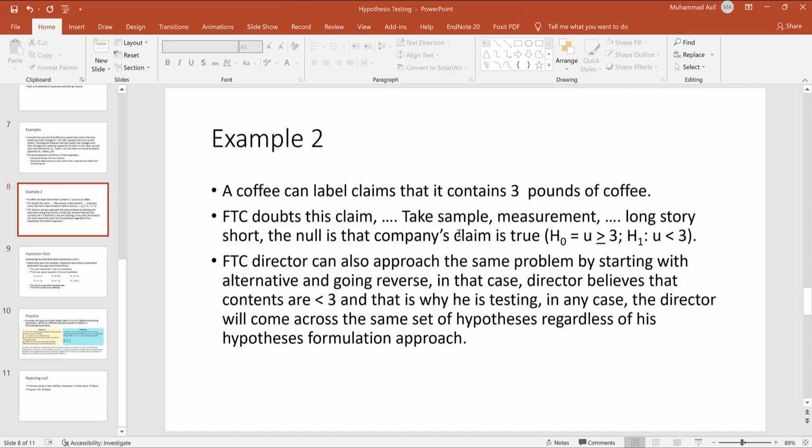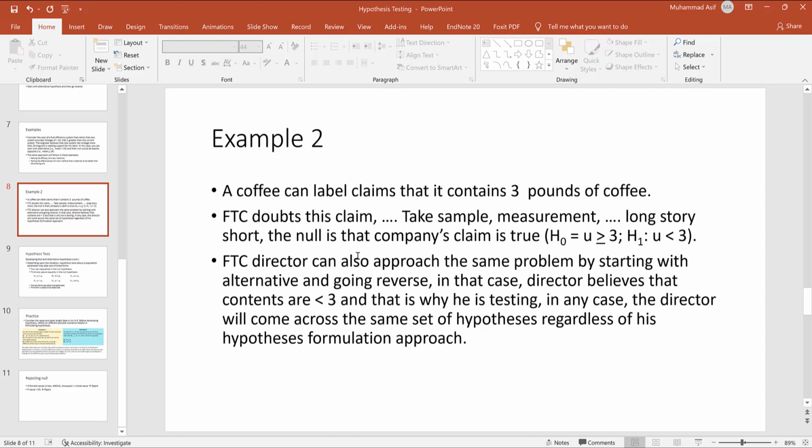Let me explain it with an example from the textbook. Suppose the FTC, the Federal Trade Commission, believes that one can of coffee bears on its label the content as 3 pounds. But the FTC director believes that it's not possible to have exactly 3 pounds, and possibly the contents are less than 3 pounds.